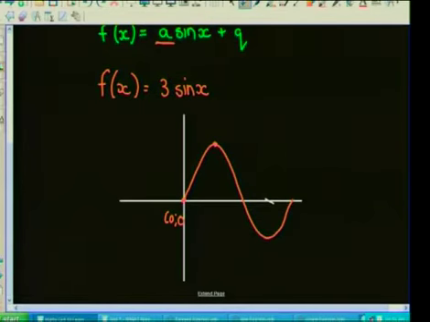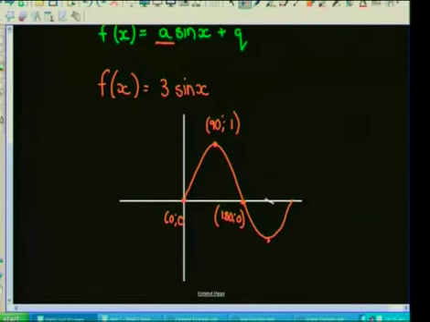Can you remember what this one was? Our maximum value, 90 degrees and 1. This one was an x-intercept, 180 and 0.